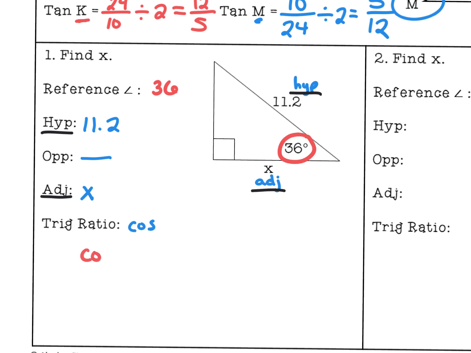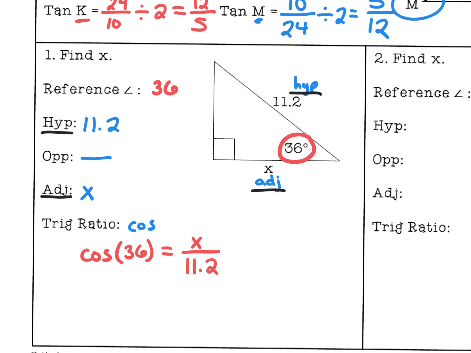So we pick cosine of what always goes with the trig? The theta, right? The angle. So what's our reference angle? 36. Cosine of 36 equals what goes on the right side of the equation? It's the ratio. What is the ratio for cosine? Adjacent over hypotenuse. So in this case, our adjacent is x, our hypotenuse is 11.2.